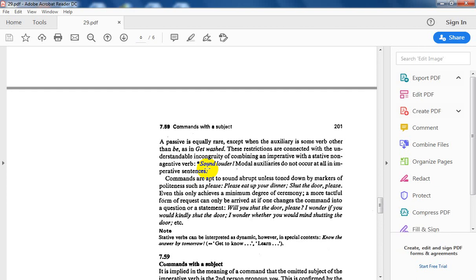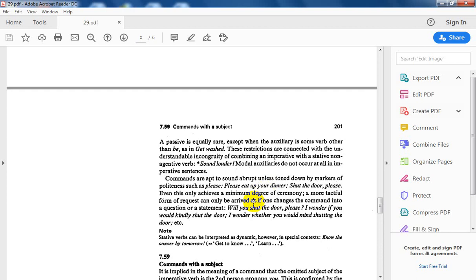For example, can I ask you to drink water before morning? If we can say "drink water before morning", I will understand that drink is a dynamic verb, done by persons, by animates.